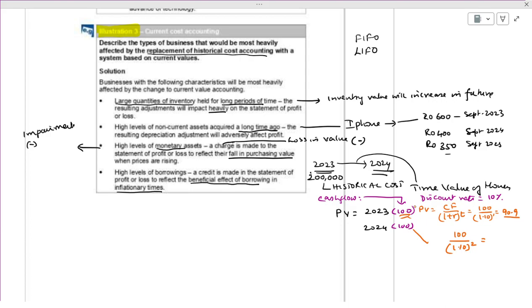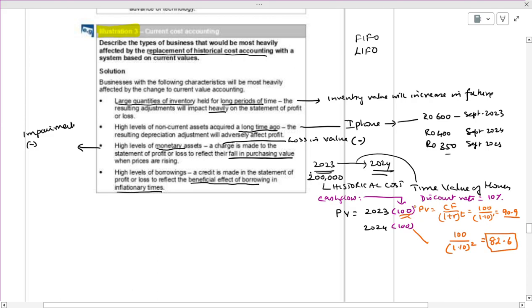Calculator, your fingers should move very fast. 100 divided by 1.10 to the power of 2. 82.6.